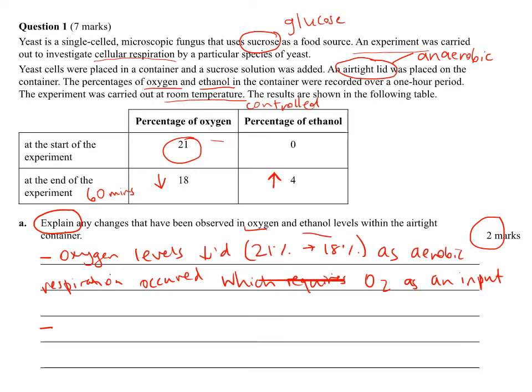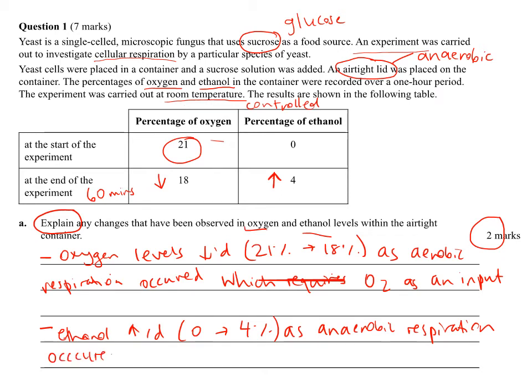Now you need to explain why the ethanol has increased. So ethanol increased from 0 to 4% as anaerobic respiration occurred, which in yeasts produces ethanol as a byproduct.